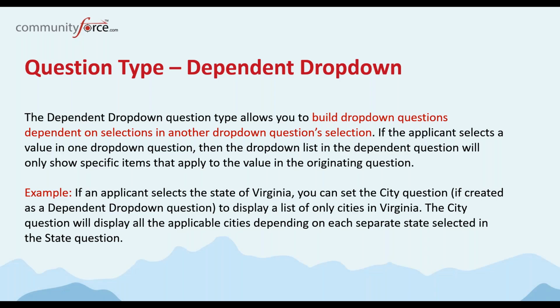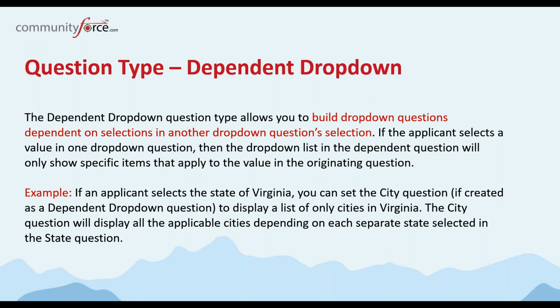The next one we have is called dependent dropdown. So the dependent dropdown question is a question you build that is dependent on another question that the applicant is answering. So a nice illustration with this would be, let's say you want to give your applicants a listing of cities by state. So they answer the state question, and then the city question that you build is going to be a dependent drop-down question.